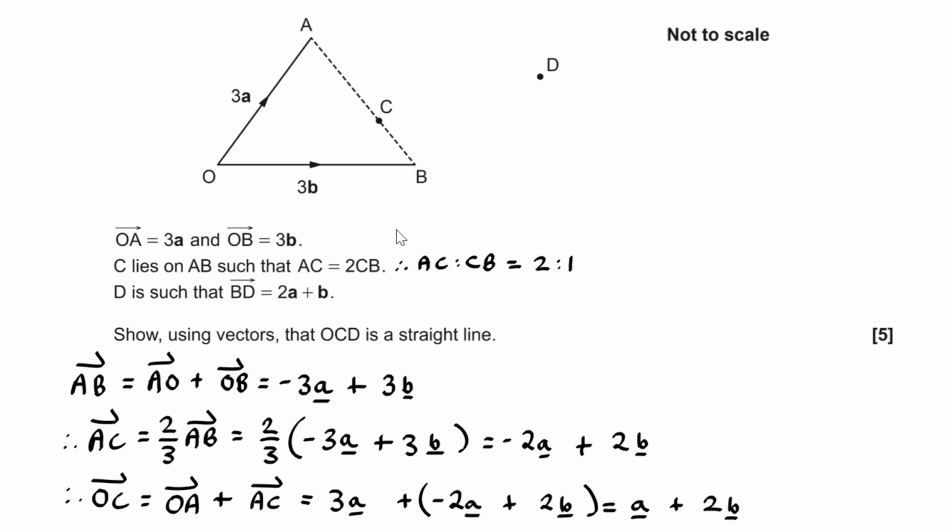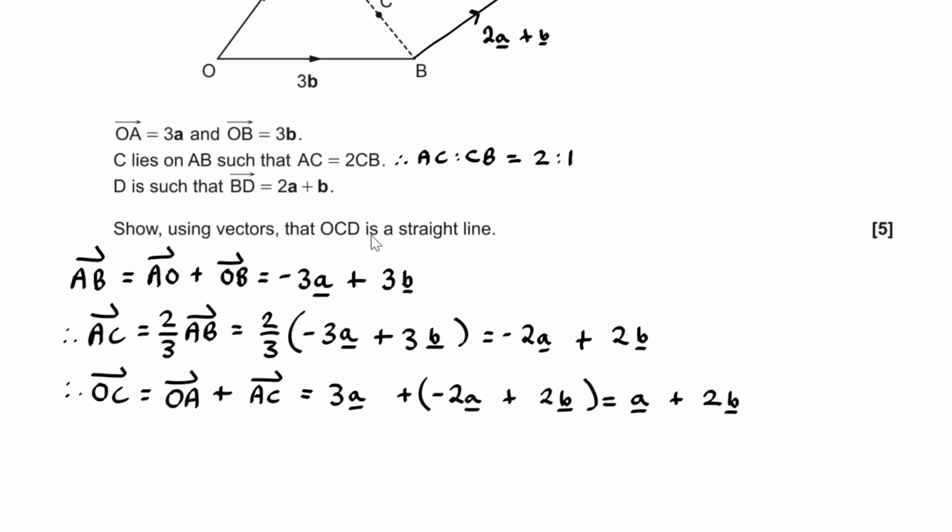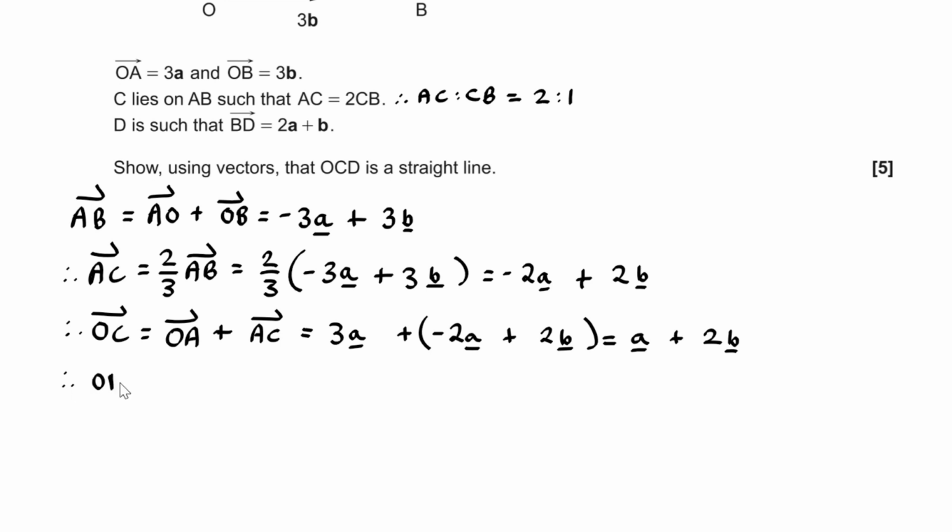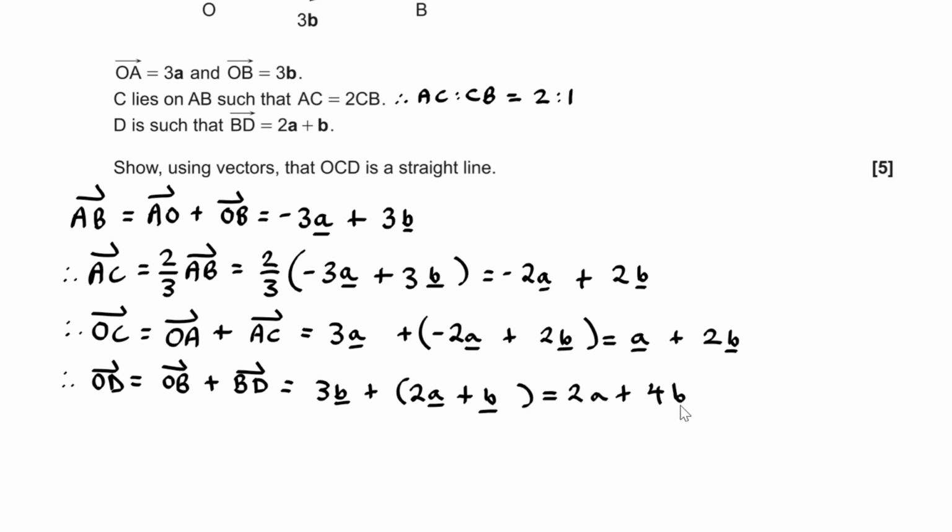Well, we know already that BD, this over here, is given by 2A plus B. And what we can find out is what the vector OD is. The vector OD, that's equal to OB plus BD. So OB, that's equal to 3B, and BD, that's 2A plus B. So here we get 2A plus 4B.